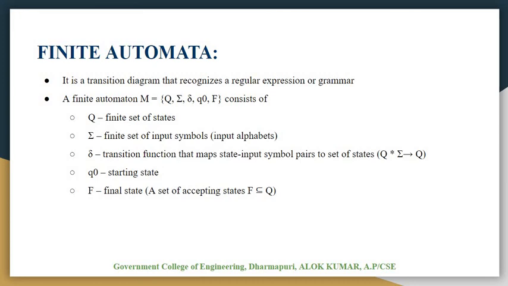The definition of a finite automaton is M = (Q, sigma, delta, q0, F), where Q is a finite set of states, sigma is a finite set of input symbols, and delta is a transition function that maps a state and an input alphabet symbol to another state. q0 is the starting state, and F is the set of final states. That's why F is a subset of Q.